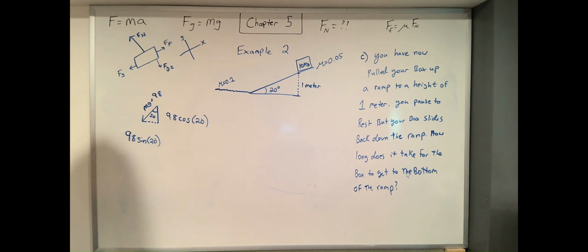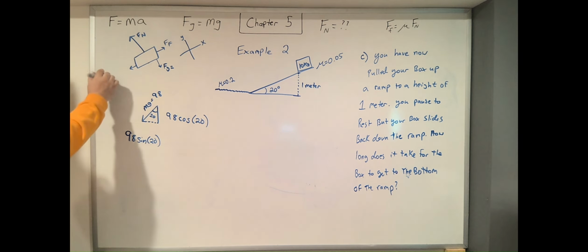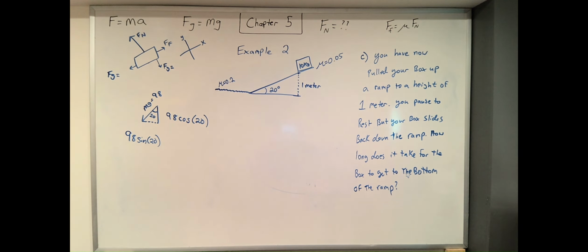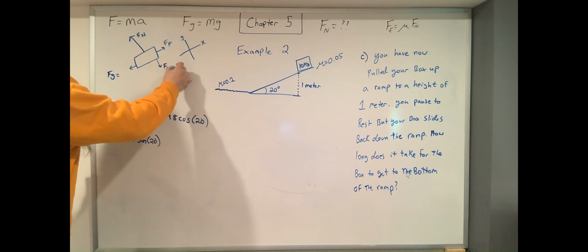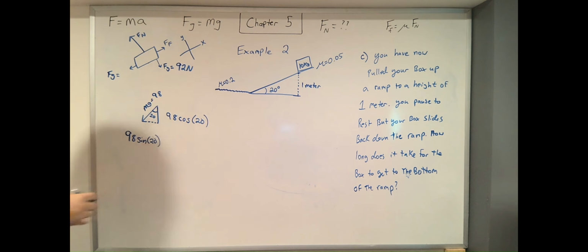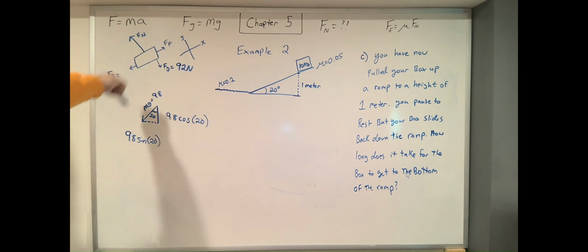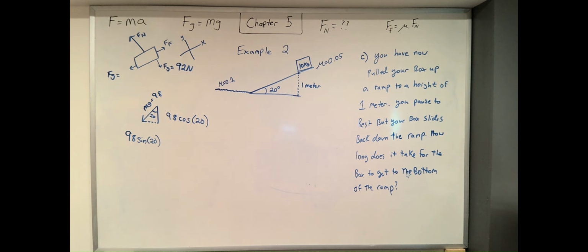All right, so let's plug those in and see what we get. Okay, so I'll start with the cosine. We'll do 98 cosine 20 degrees, and we end up with, let's just call it 92 newtons. Okay, that's the downward, the y. 92 newtons down.